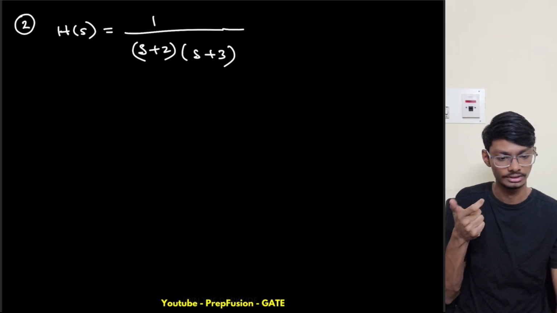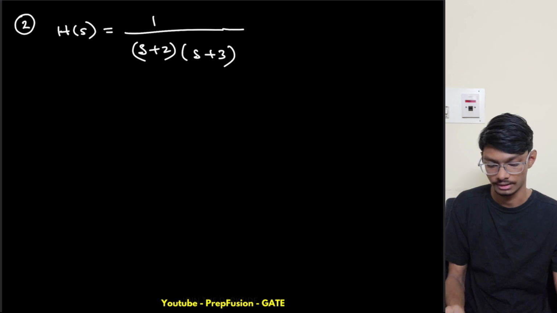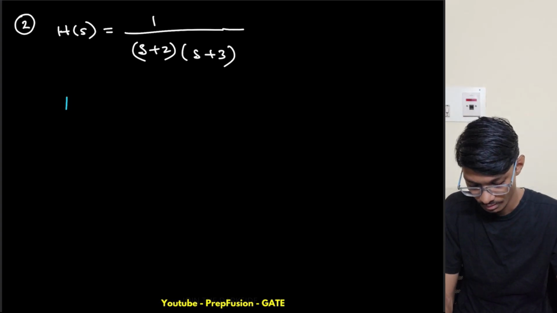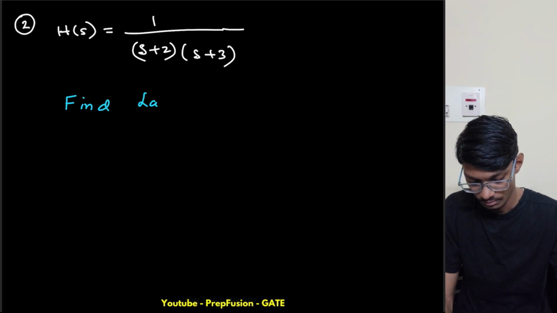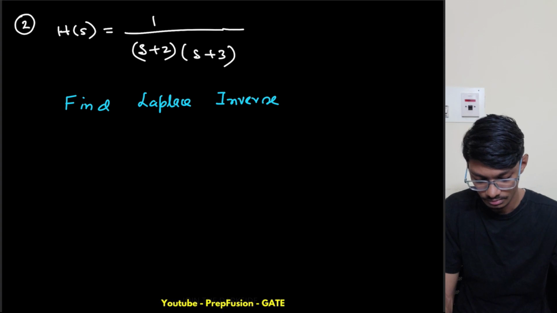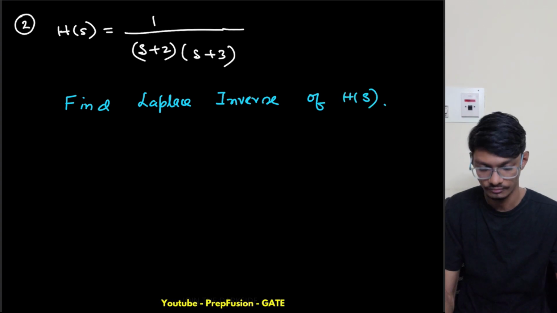I haven't explained how to find the Laplace inverse, but you can do it. So what is the question? The question is: find the Laplace inverse of h of s.